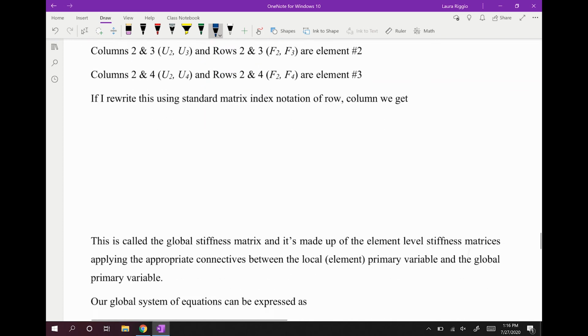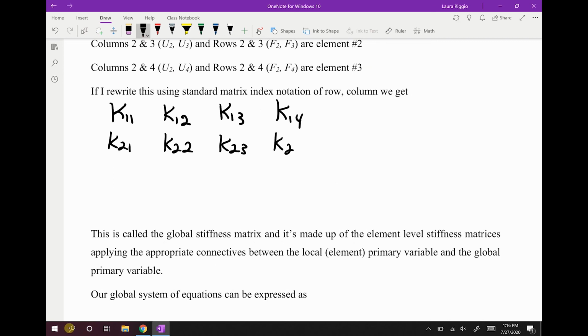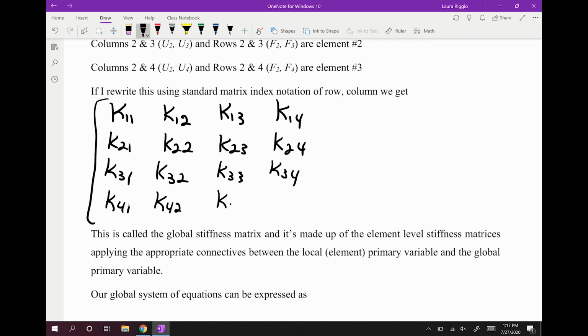So if this was written in standard row column matrix notation, we would have K11, K12, K13, K14. Again, it's row column.